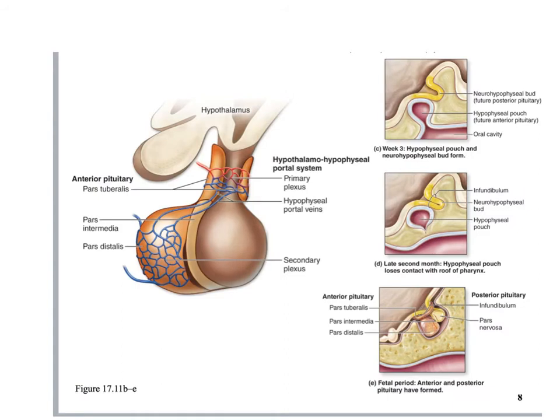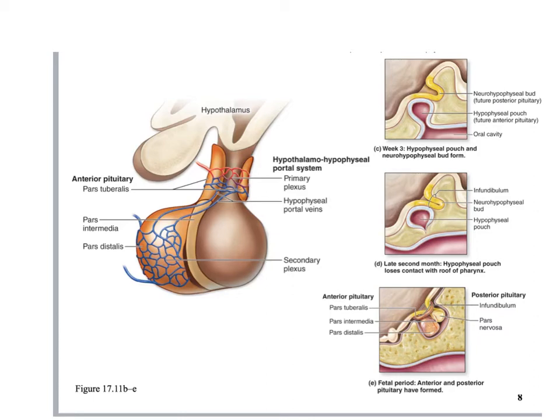Okay? So, that brings us to this. There's a very intricate complex of blood vessels that goes between the hypothalamus and the pituitary. Actually, it's a specialized circulation.